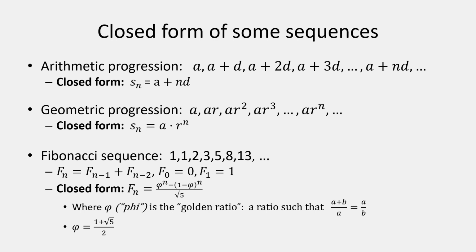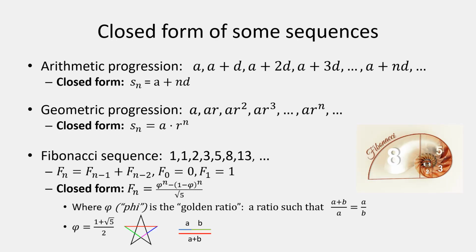And why does this strange number, 1 plus square root of 5 over 2, have a name? Well, that number, pronounced phi, is the famous golden ratio, which is defined as a ratio such that if you have numbers a and b, then a plus b over a is the same value as a over b.